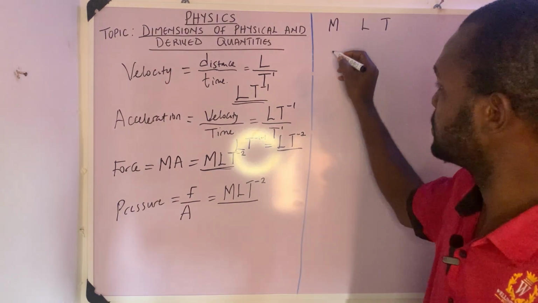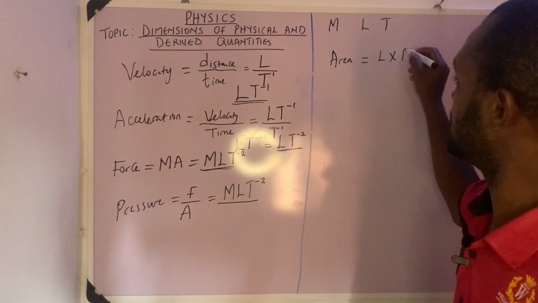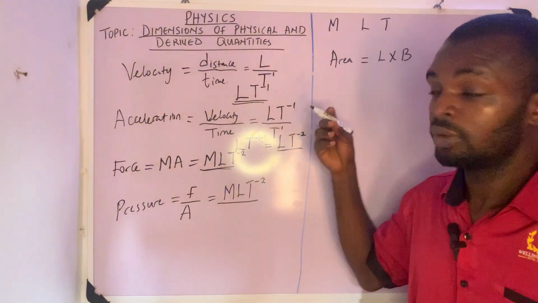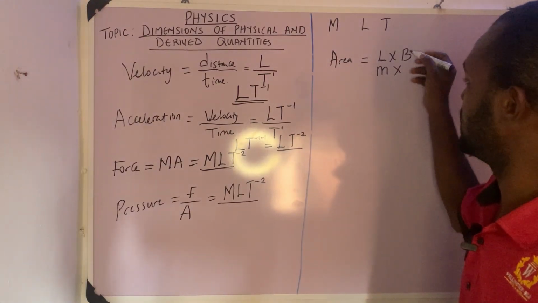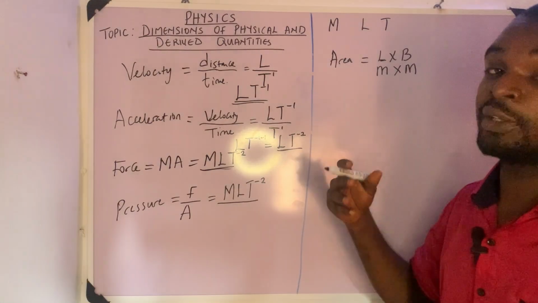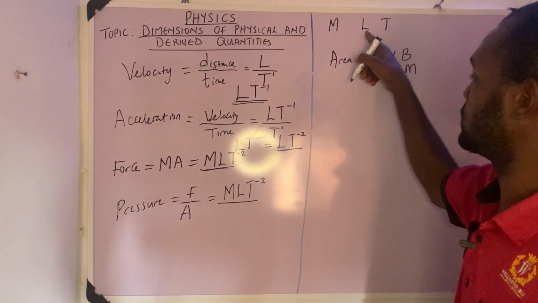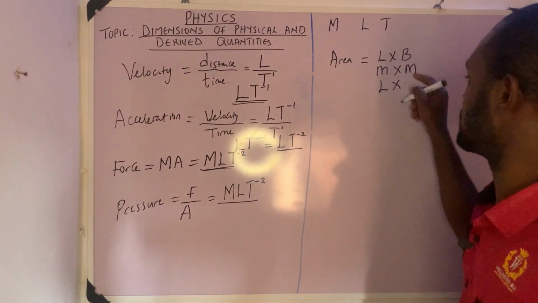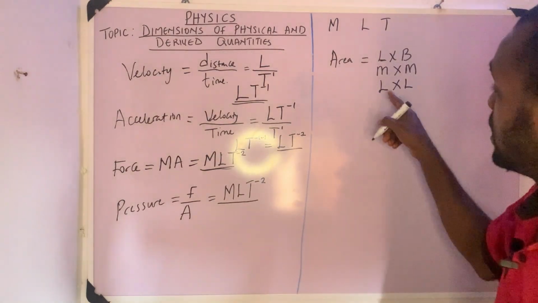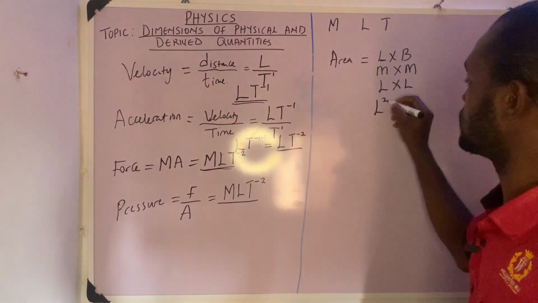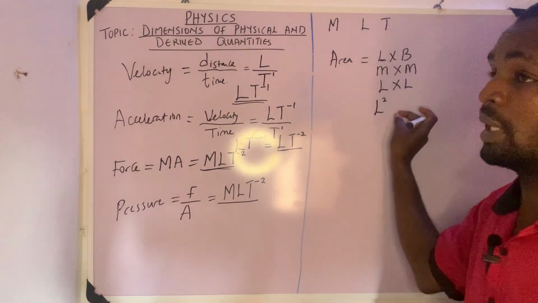Remember, area is equal to length times breadth. Recall that I told you that length is measured in meters, times breadth is also measured in meters. And I told you, anything that is measured in meters, the dimension will be length. So it will form length times length, which is length squared. So the dimension of area is length squared.